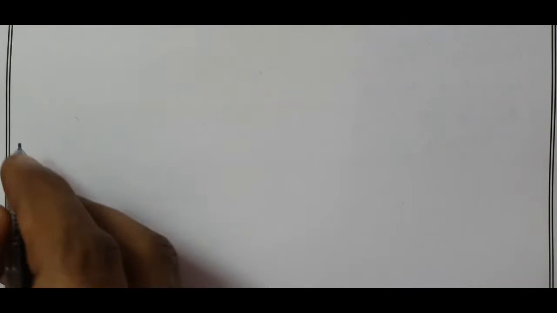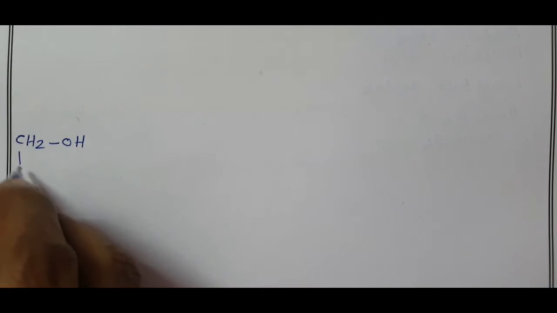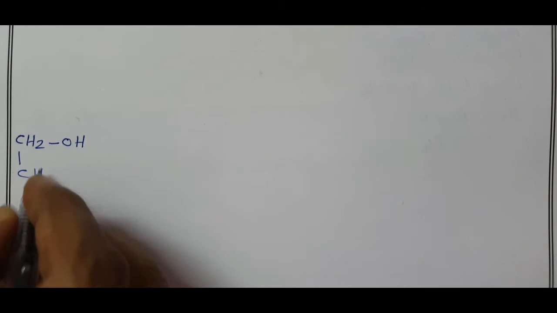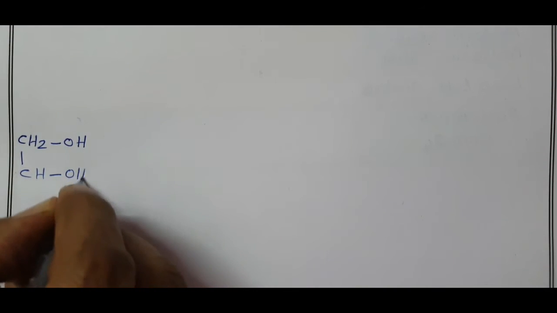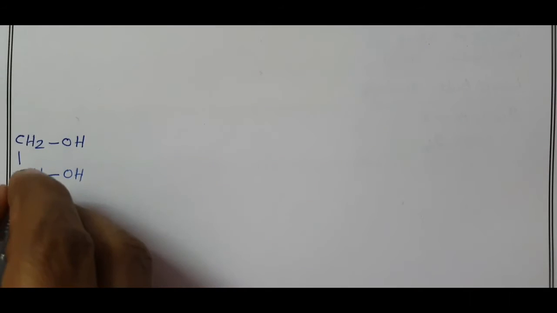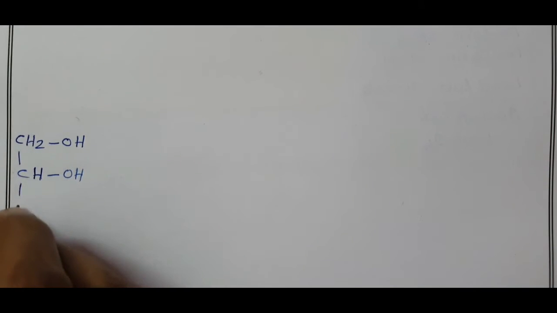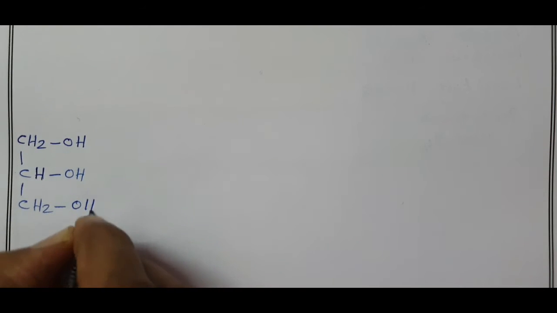In glycerol, we have 2 primary alcoholic groups and 1 secondary alcoholic group. Molecular formula: CH2OH, CHOH and CH2OH, glycerol, propane-1,2,3-triol.